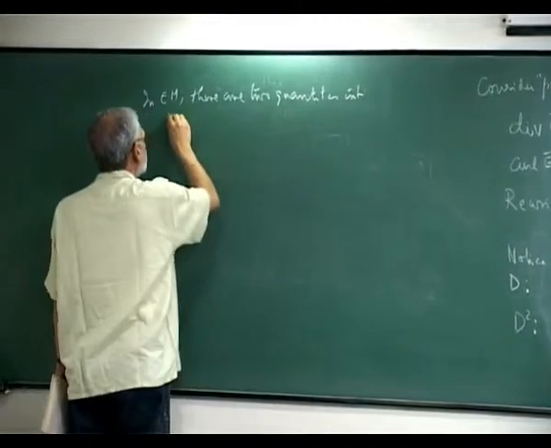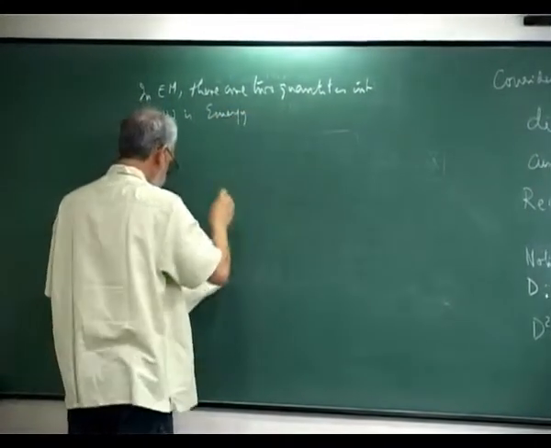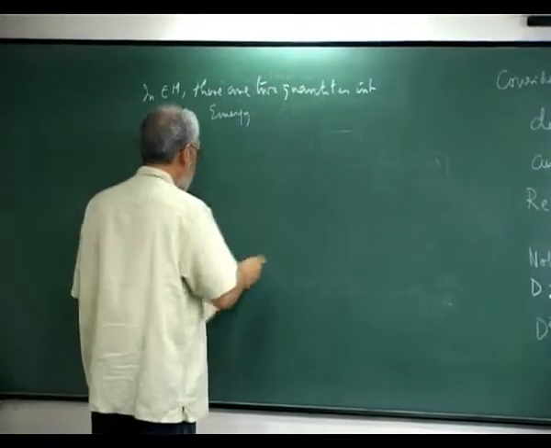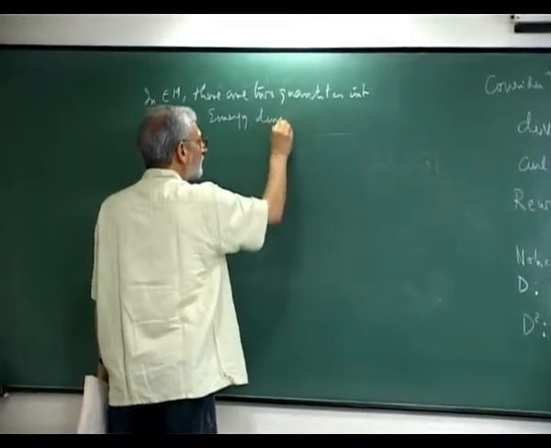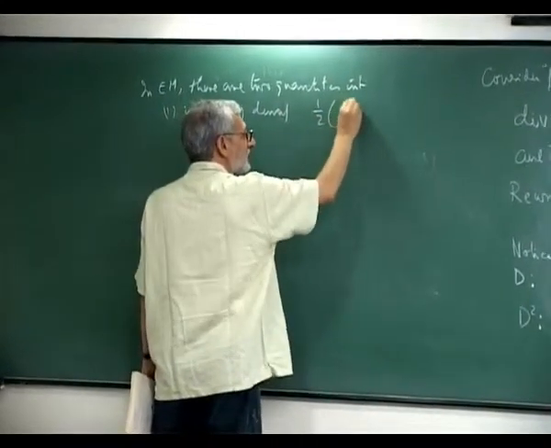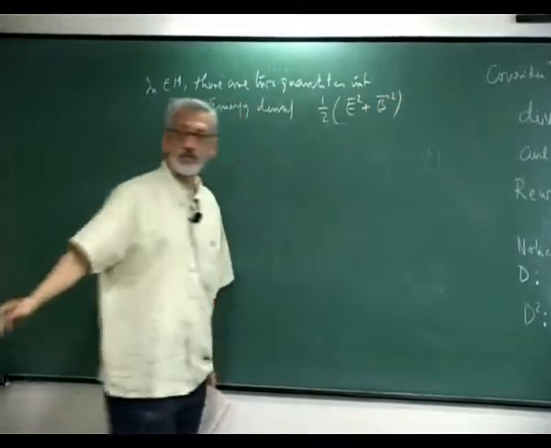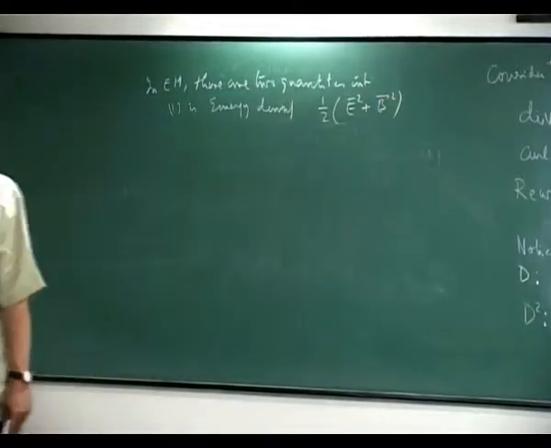One of them is the energy density, and the energy density is half electric field square plus magnetic field square.